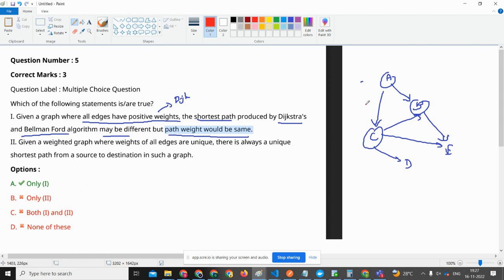So if we have 20, and 5 here. I'm just randomly taking some values, I'm not sure.